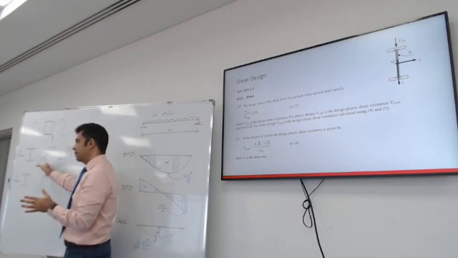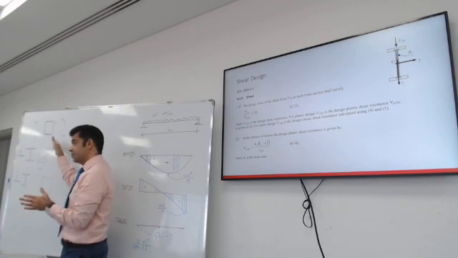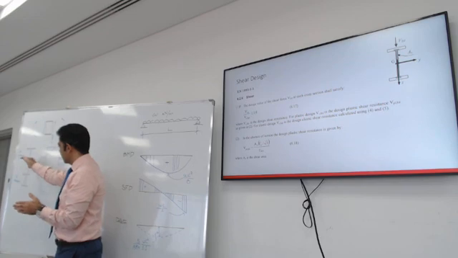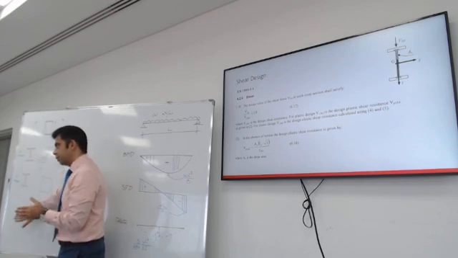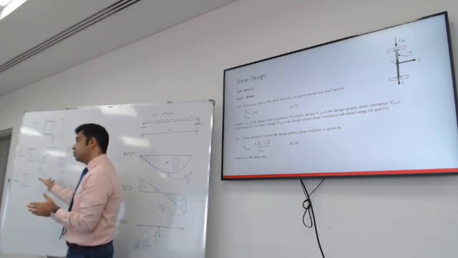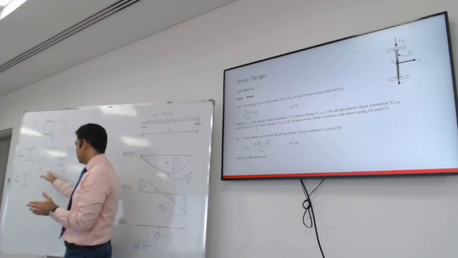This one is the bending stress distribution, and bending is like bending like this. Shear is like a vertical force parallel to this area. It will induce stresses maximum at the mid-height, and it looks like that.